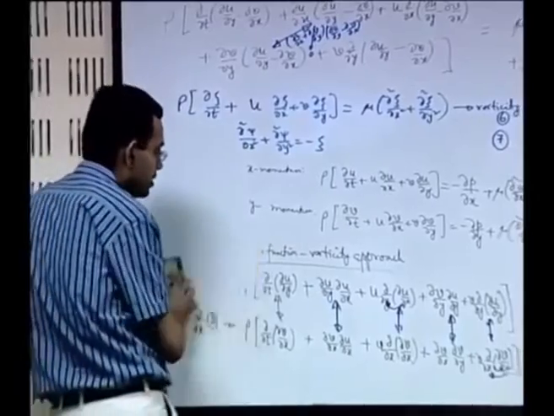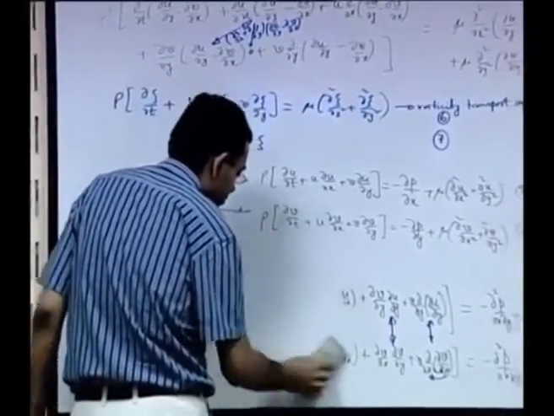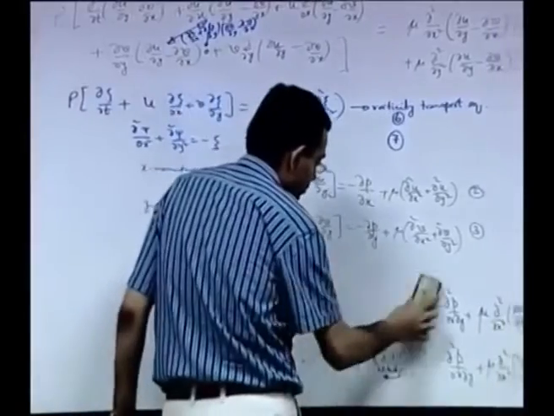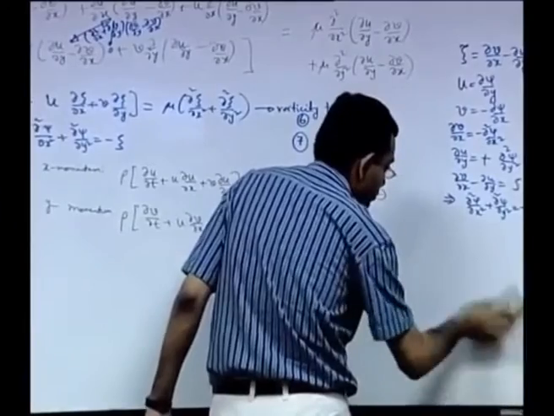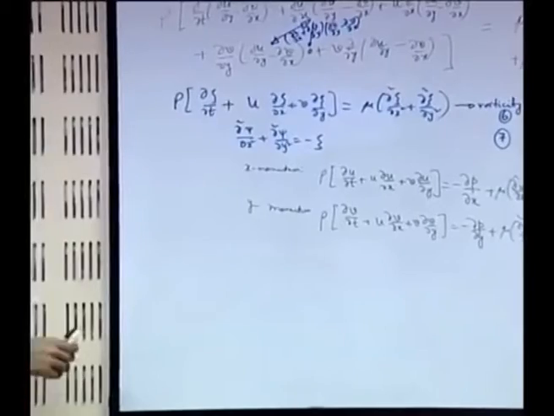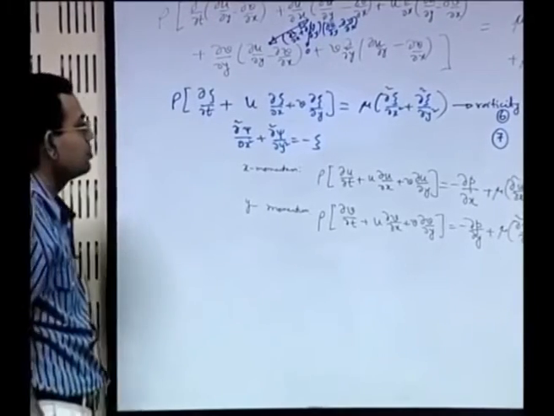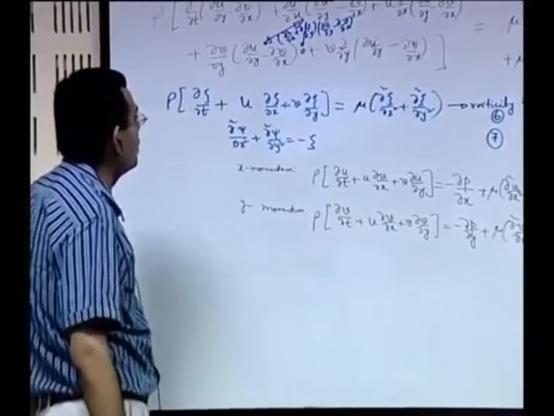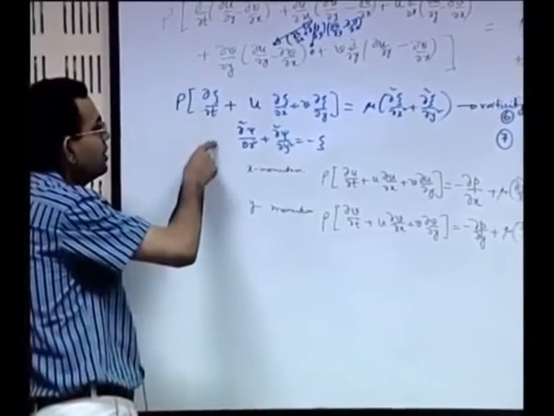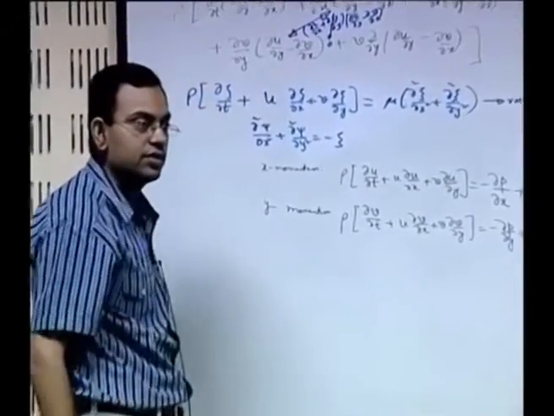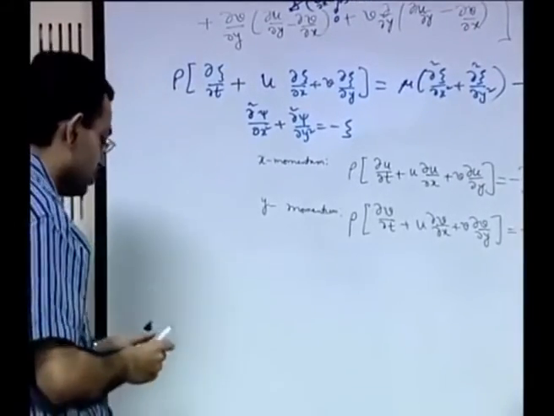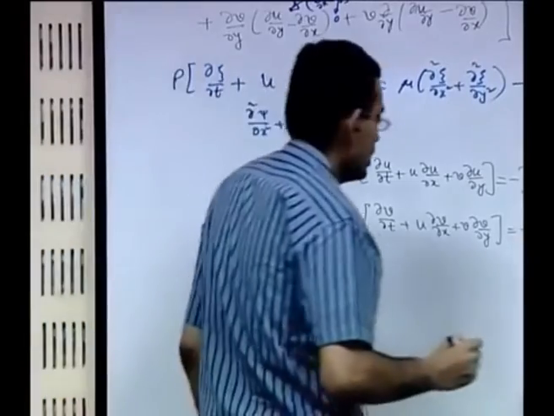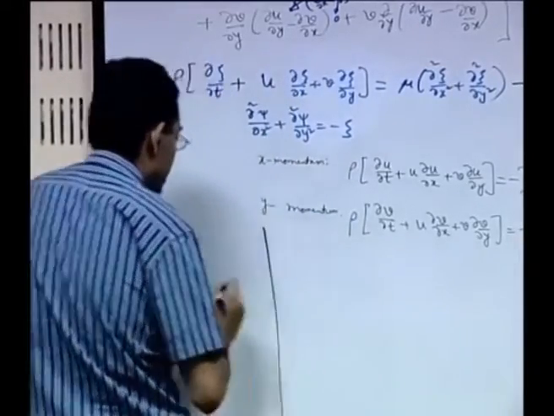So, how are these equations numerically solved? So, you must have the stream function field and the vorticity field at time equal to 0. So, let us write it somewhere.